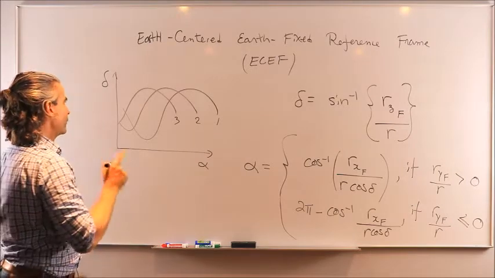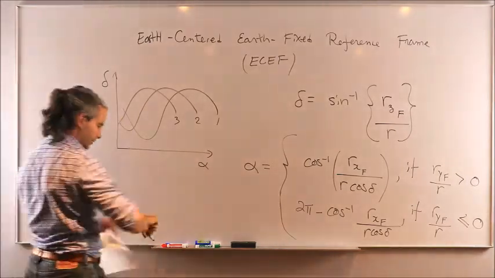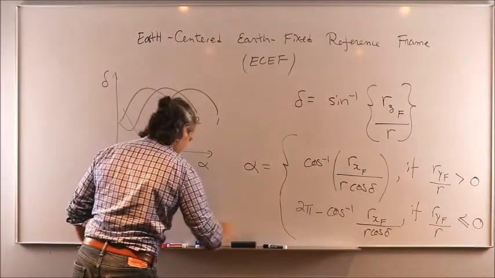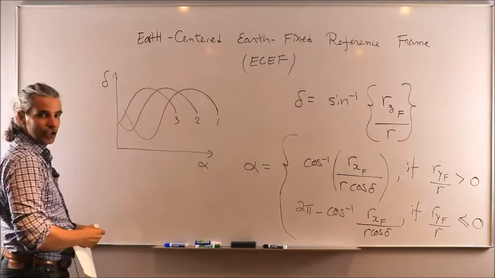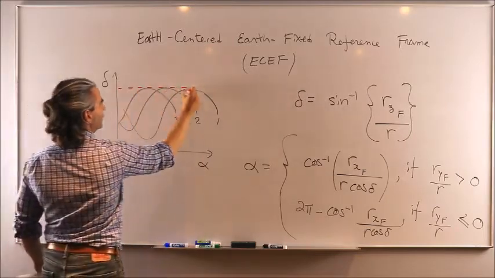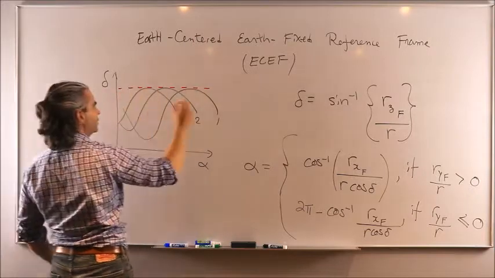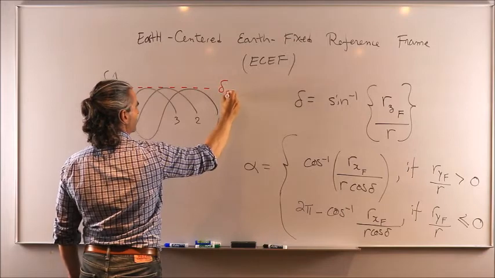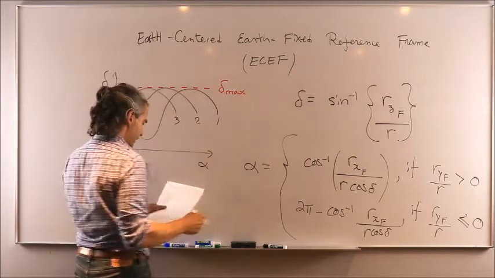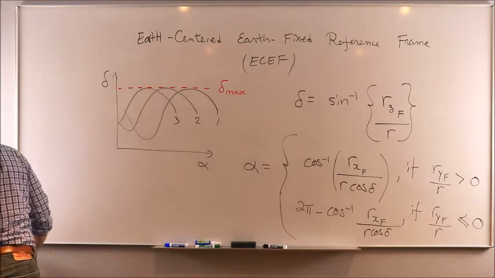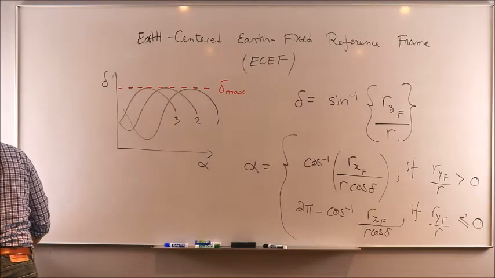Okay, now if you look at a ground track, an interesting thing about it is that you can deduce the actual inclination of the orbit itself just by looking at the maximum latitude that you see with the ground track. Okay, we'll say delta max can be related to the inclination.